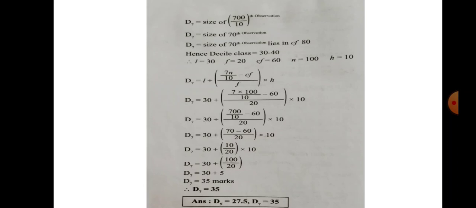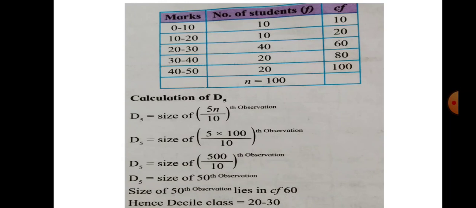How to find the size of the 70th observation? For that you have to go to the cumulative frequencies. Where 70 comes, 70 lies in the cumulative frequency 80 with the corresponding class interval 30 to 40.